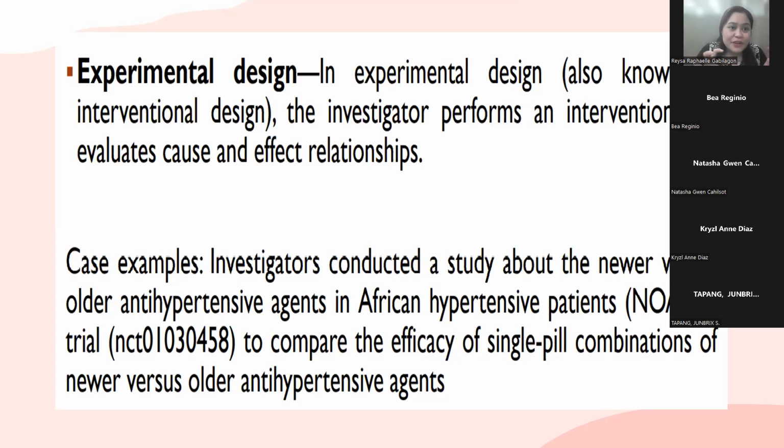Okay? Yan yung experimental research design. Just like when you are going to evaluate a certain medication, whether it is effective or not for a certain disease. Cause and effect relationship yun. Na pag ginamit mo siya, bababa ba yung, itong example sa screen, bababa ba yung kanyang blood pressure.